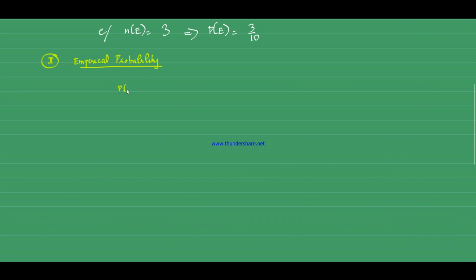So P of E will be equal to the ratio: the number of times event E has occurred, over the total number of times the experiment has been performed.